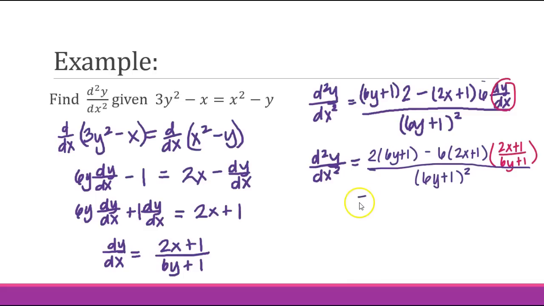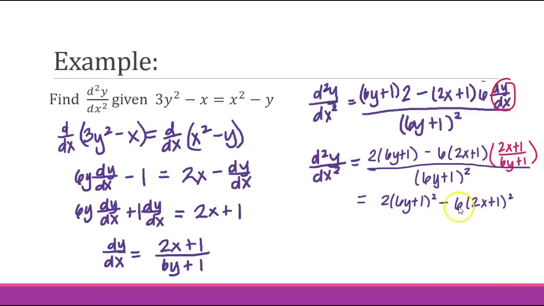And this is the second derivative, so at this point it's just a matter of simplifying here. In the numerator, I can multiply this 6y plus 1 by another copy of 6y plus 1 to have common denominators up here. So in other words, I have 2 times 6y plus 1 squared minus 6 times 2x plus 1 squared. That's these two copies together.